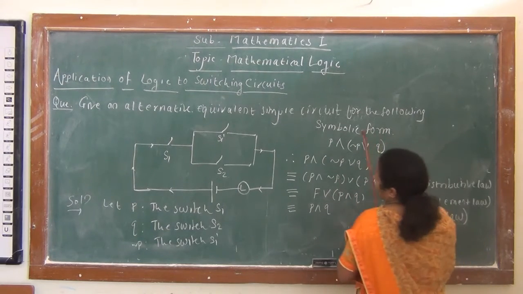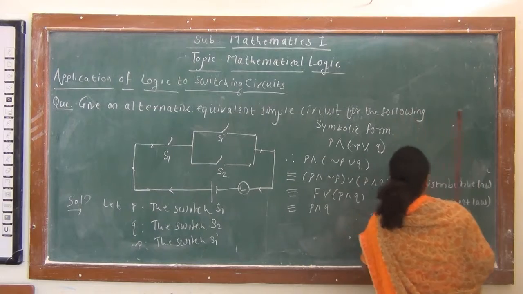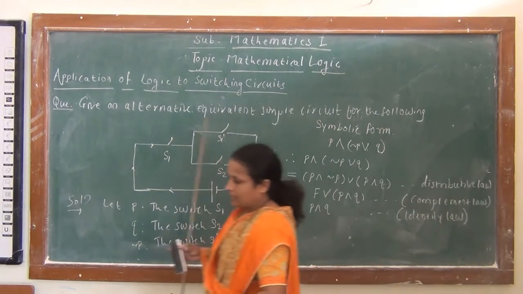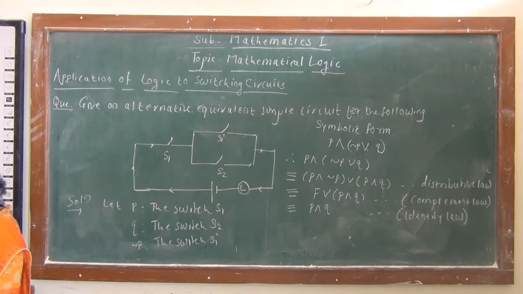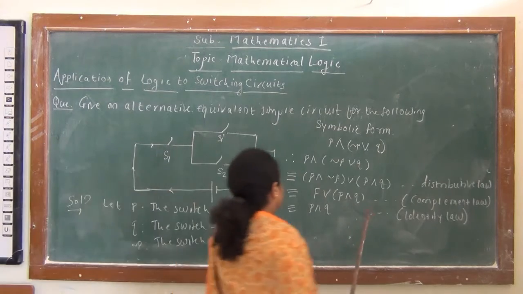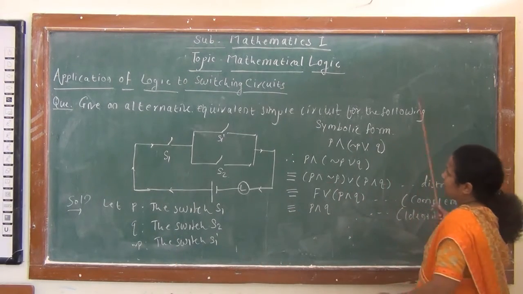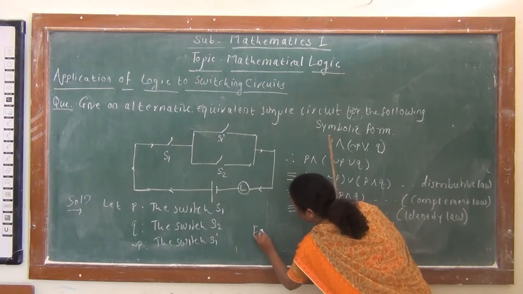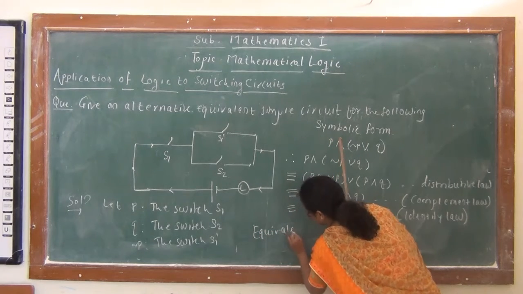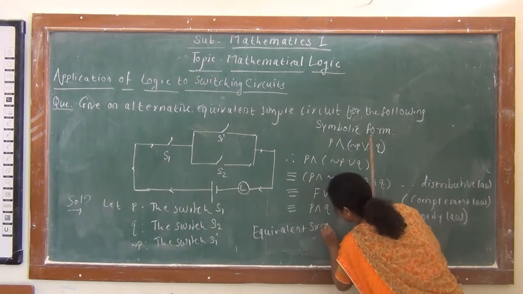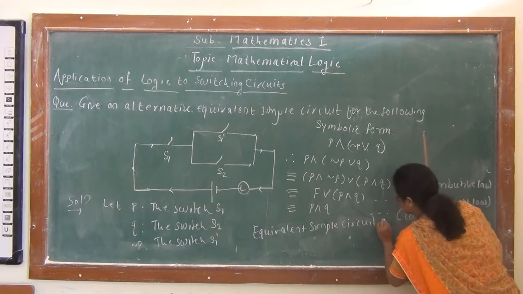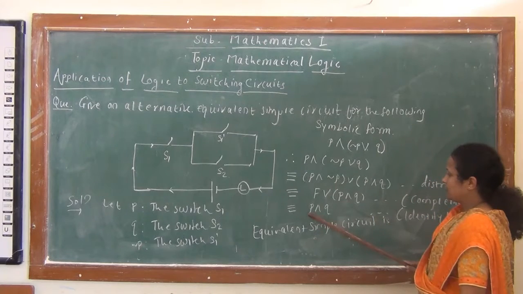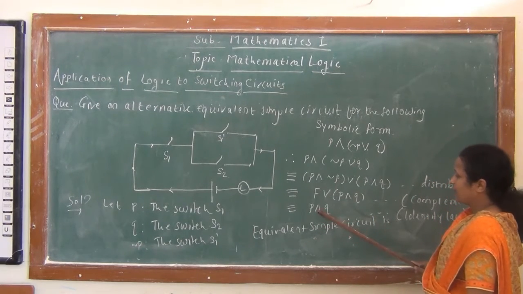And now we write: therefore, we draw this circuit as P and Q. So here we write: therefore, the equivalent simple circuit is, we have to consider two switches connected by AND.